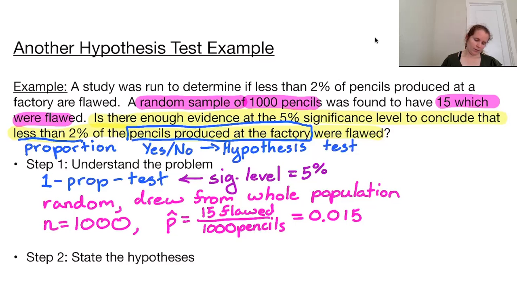And then we also know that we're trying to show if p is less than 0.02.